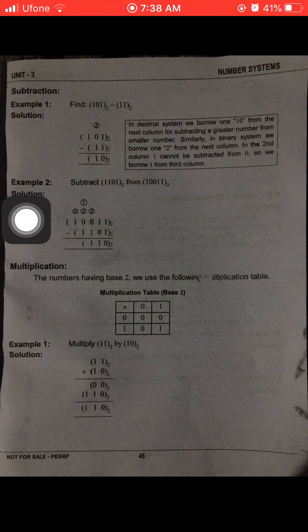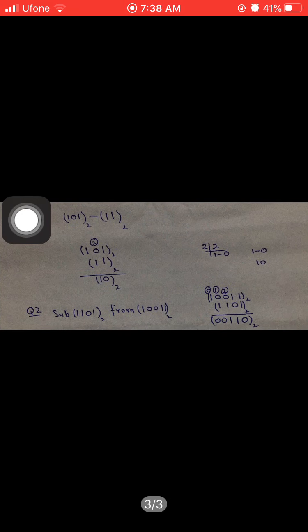I explain here. So you see here, 101 base 2 minus 11 base 2. 1 minus 1 is equal to 0. So when you carry 1 from here, that is equal to 10. How do you consider 10 in the binary system as 2?